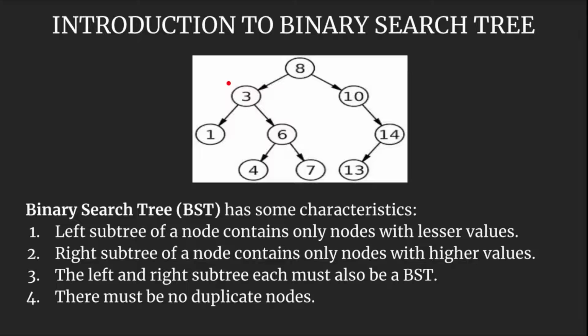This left subtree and this right subtree, again, are themselves binary search trees. For example, in this left subtree, the root node is 3, so the left child has lesser values, and all the values in the right subtree of node 3 are greater. Also we can see that in this binary search tree there are no two nodes with the same data value.